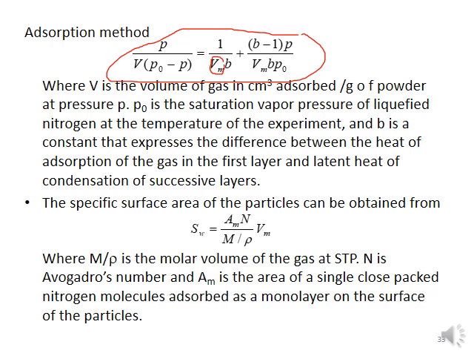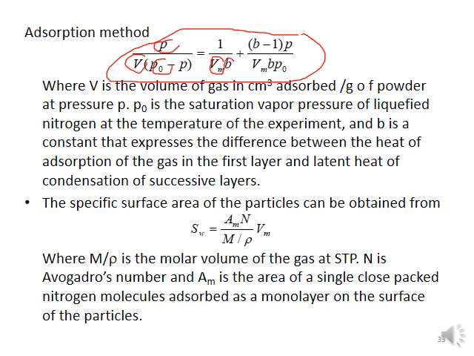This equation was discussed in the Pharmaceutics 2 Interfacial Phenomena chapter. V is the volume of gas adsorbed. P is the pressure of the gas. P naught is the saturated vapor pressure of nitrogen.